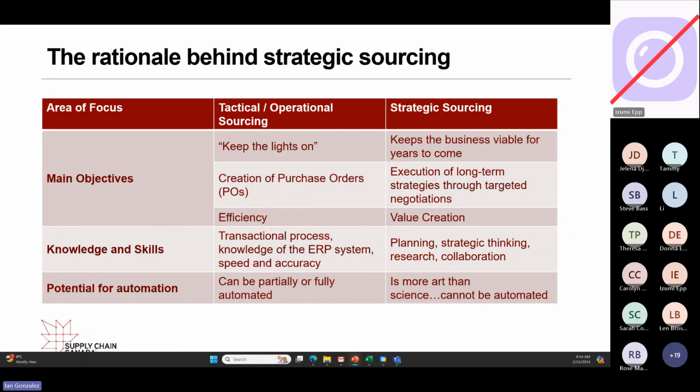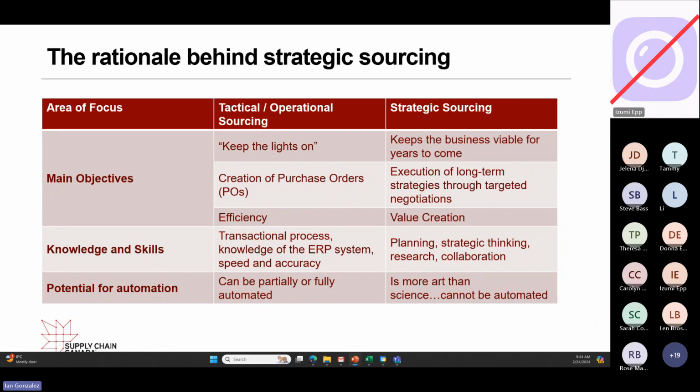Especially as things get more digital, we're moving away from paper contracts and getting rates into online contracts with our ERPs. You don't really need people anymore to do that. A machine can say, this is the requirement, this is when it's needed, and then there's a strategy that says, these are the suppliers I need to buy from. It'll just get the PO for you, and it'll do that in seconds. So yeah, it can be partially or fully automated.